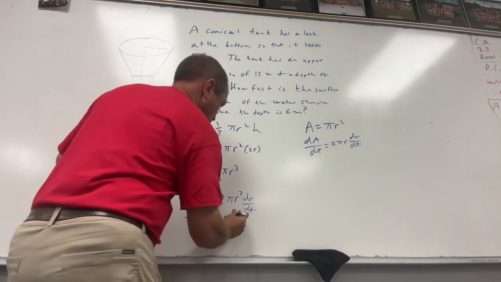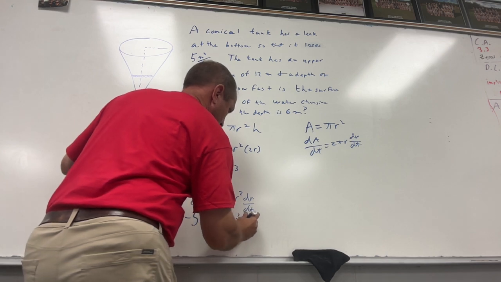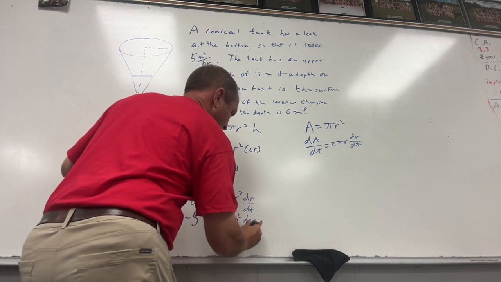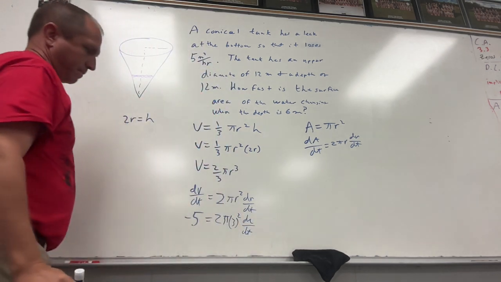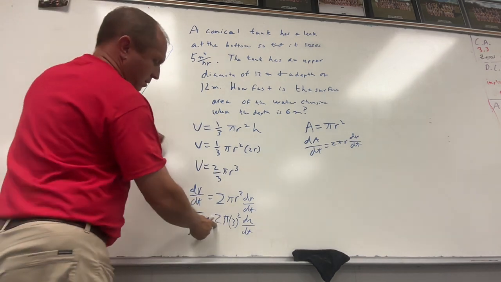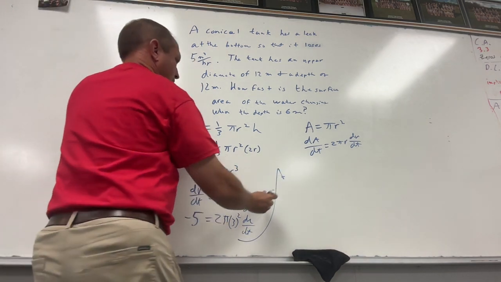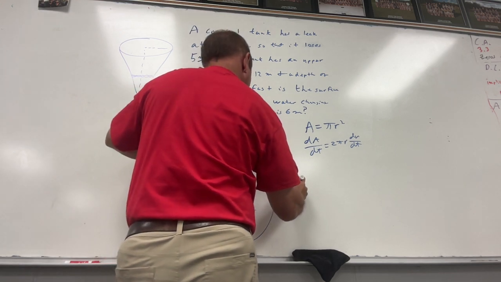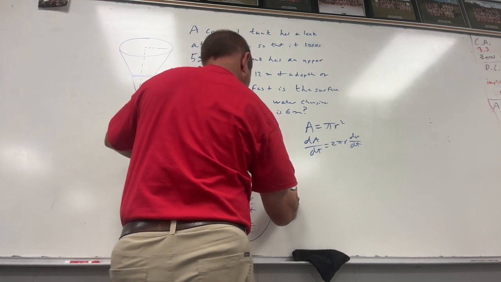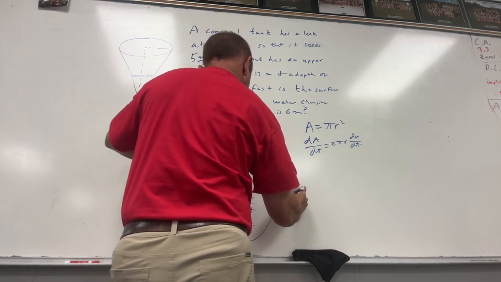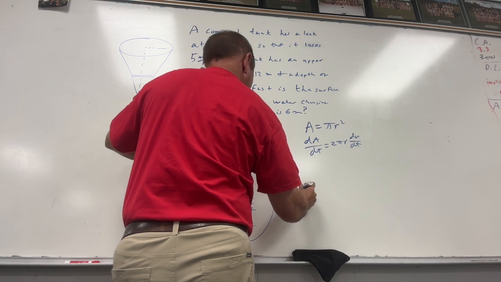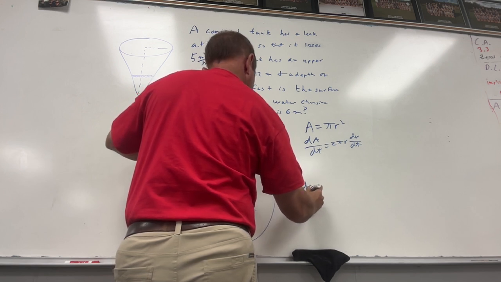So it's going to be times 3 squared, and then we get dr dt. So this is 9, and 2 times 9 is 18, so I get -5 over 18 pi equals dr dt.